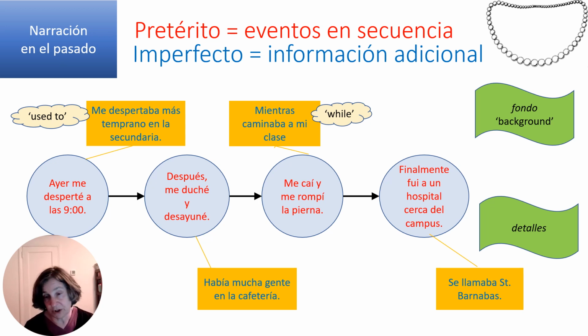It's description to add color, like color commentary in sports broadcasting. It's adding color to the event of eating breakfast. Or here, when I go to the hospital, I can talk about its name. I can say, se llamaba St. Barnabas. So that's, again, not something that happened. It's description. It's additional information.